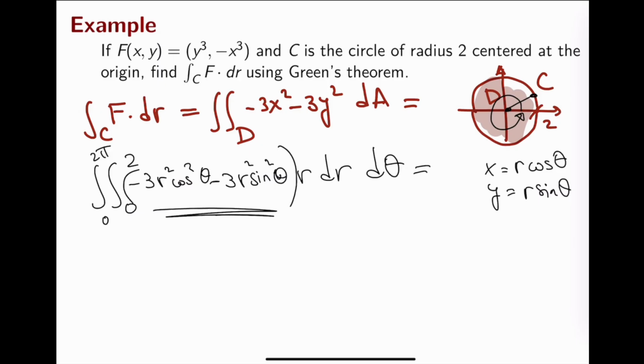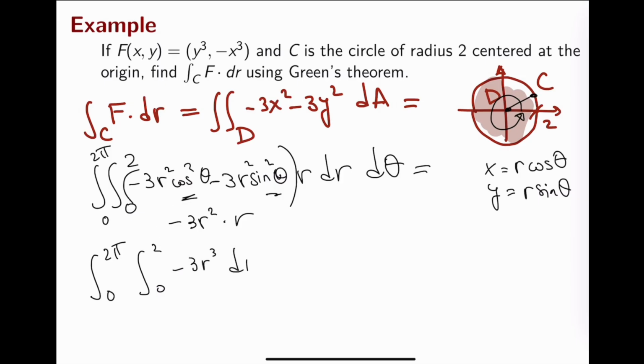So first of all, let's do the algebra here. We're going to get minus 3r squared, and then we have sine squared plus cosine squared, right? So inside of the parentheses, we'll have just minus 3r squared, and then we have times this other r here. And so this is going to be the integral between 0 and 2 pi of the integral between 0 and 2 of this, which is minus 3r cubed dr d theta.